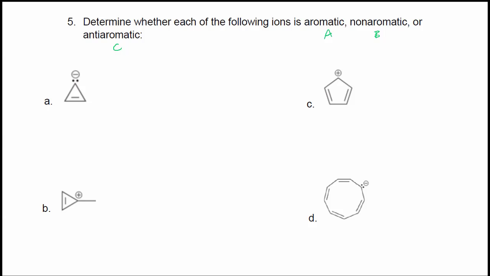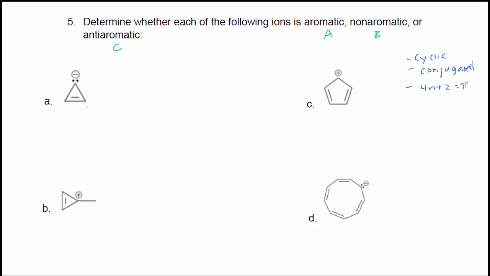A couple of things to remember if you're looking at whether or not something is aromatic. It needs to be cyclic, conjugated, which means it's going to have overlapping pi bonds or p orbitals. And then it needs to have the 4n plus 2 pi electrons.